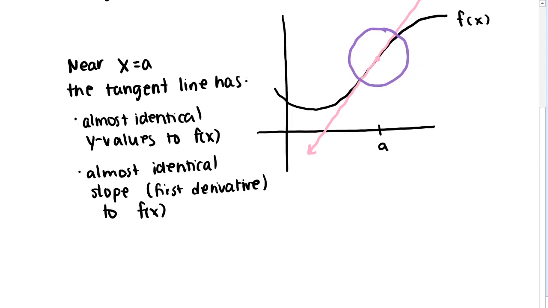And actually, right at x is equal to a, so at the point of tangency, the tangent line has the exact same y value and the exact same slope.